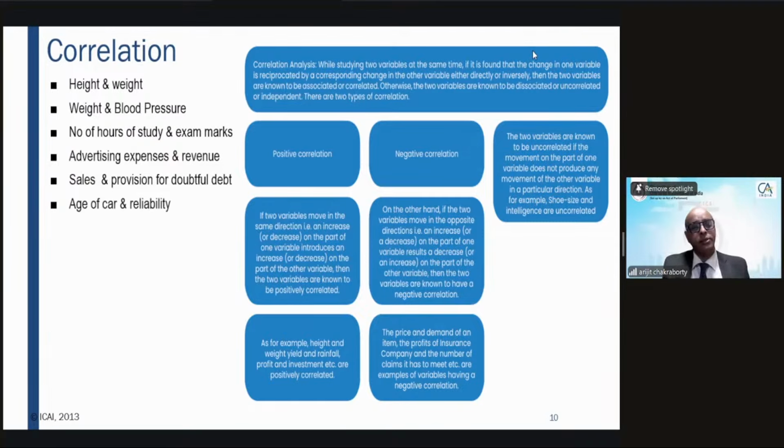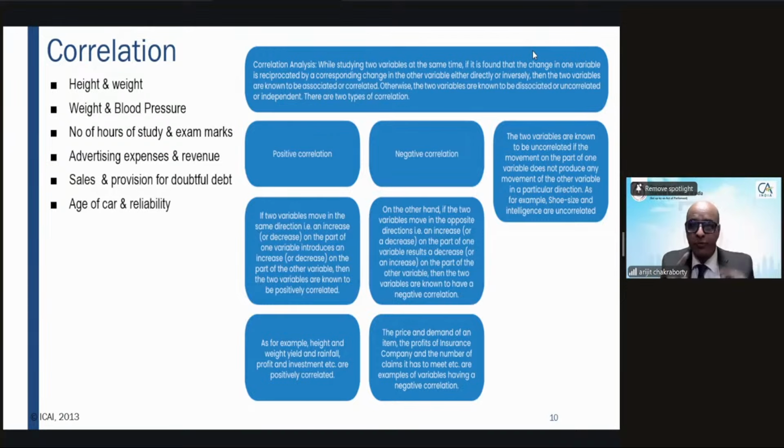Fifth example is age of the car and the reliability. Suppose your car or two-wheeler, the age of your two-wheeler, can it be expressed in numbers? Yes, age can be expressed in terms of number of years, number of months. So it can be expressed mathematically. Reliability, think of it this way: the older a car gets, normally the maintenance cost keeps increasing. So we can say as the age of the car increases, the yearly maintenance cost will also increase. In general, I am saying.